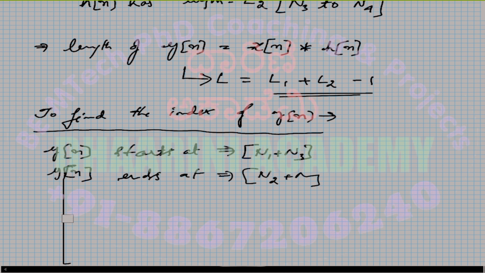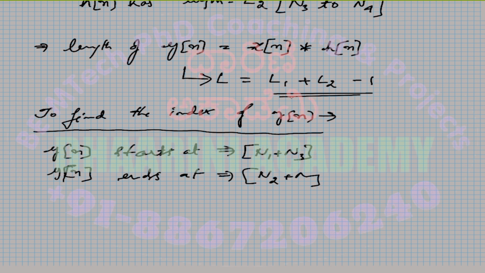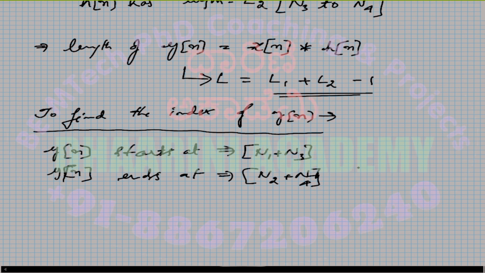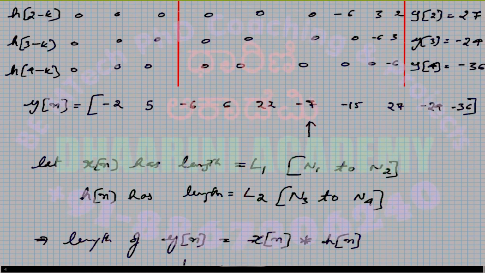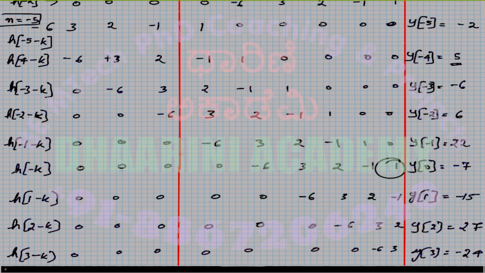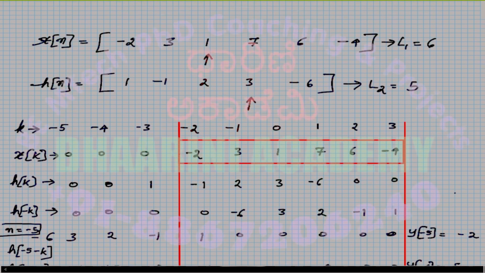All right, let me verify the same thing now. I just want to verify whether this is correct for the above problem or not. So this is n2 plus n4. Let's note n1, n2, n3, n4.